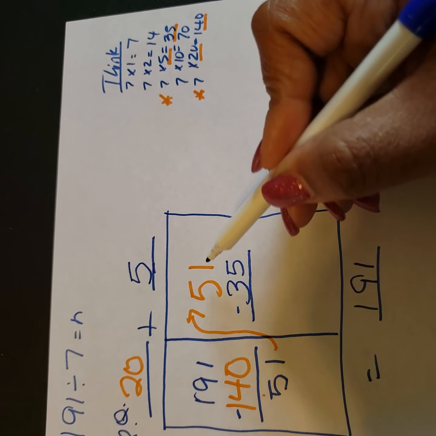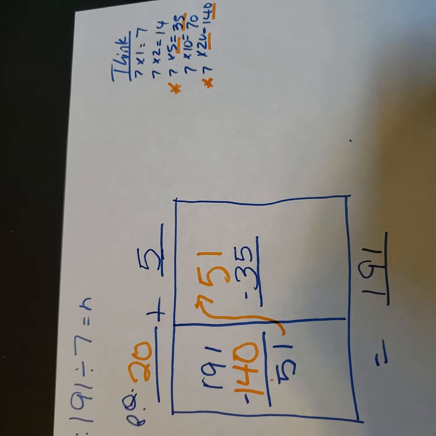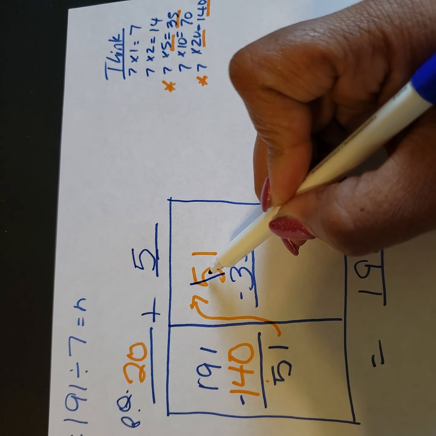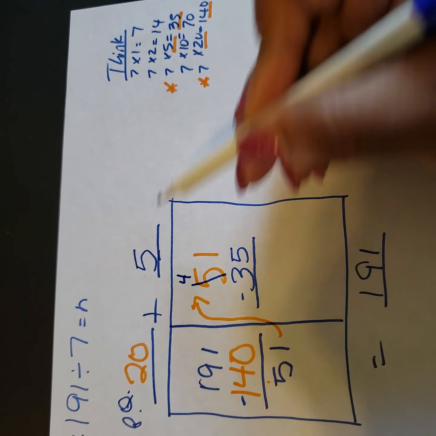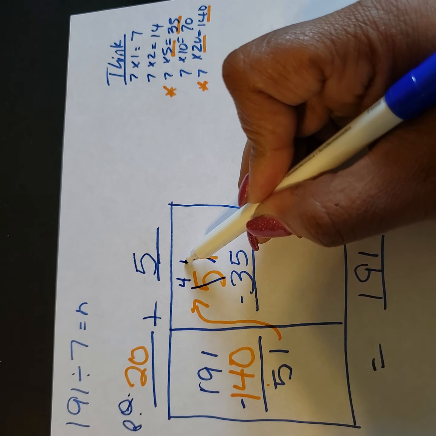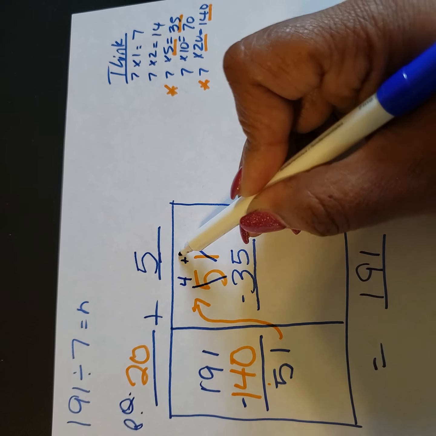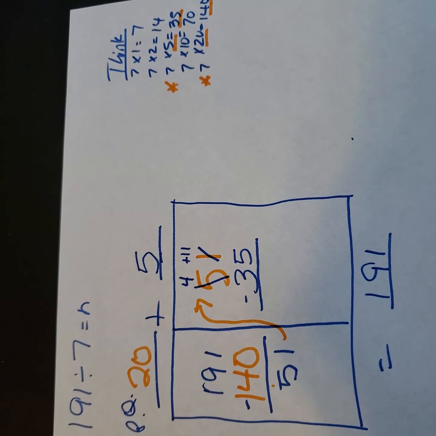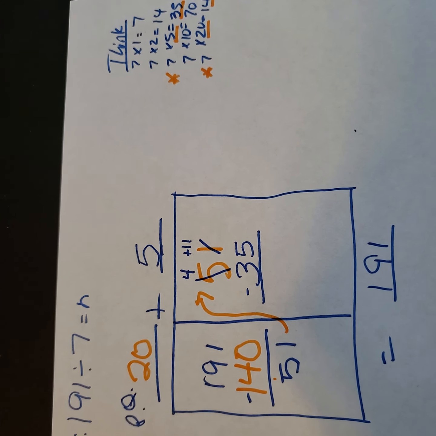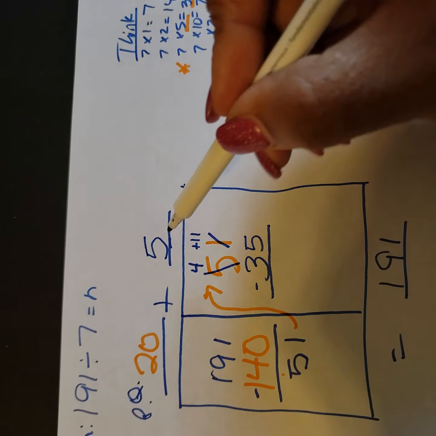Ladies and gentlemen, if you hold up one finger and you take away 5, that's not going to work. Please make sure you decompose 5 tens into 4 tens and go ahead and add that 10 to your 1, which makes it 11. Please do not try to say that that answer is 4. All right, so here we go.